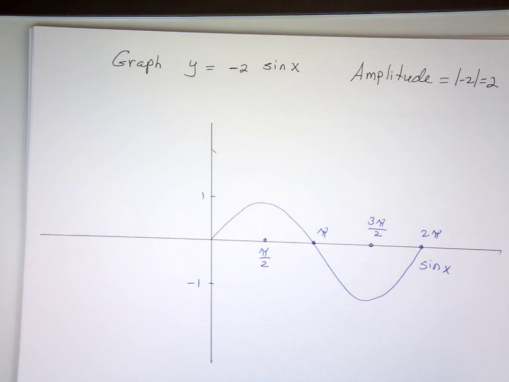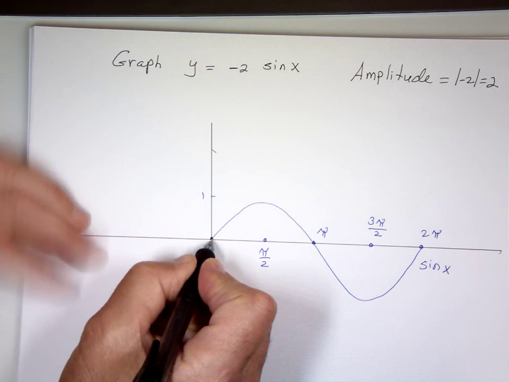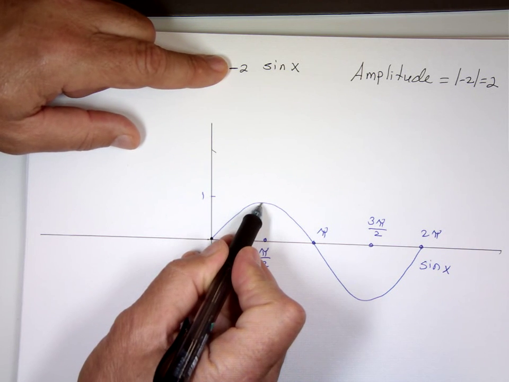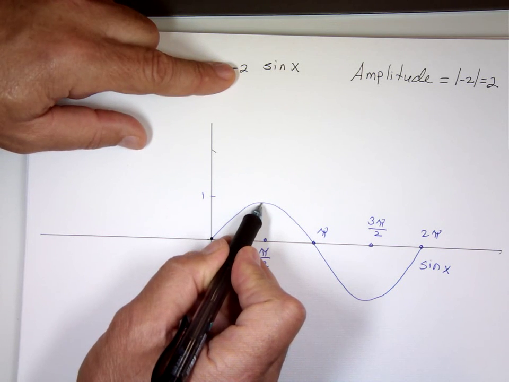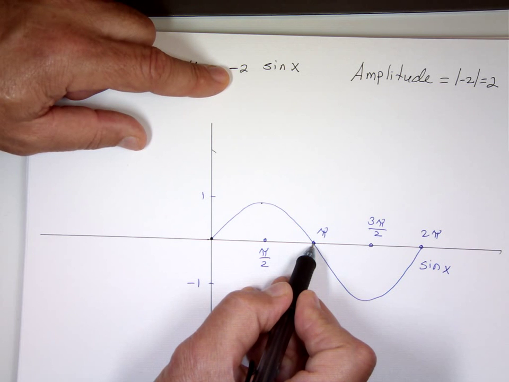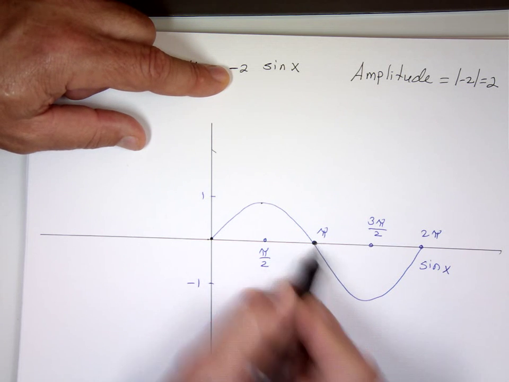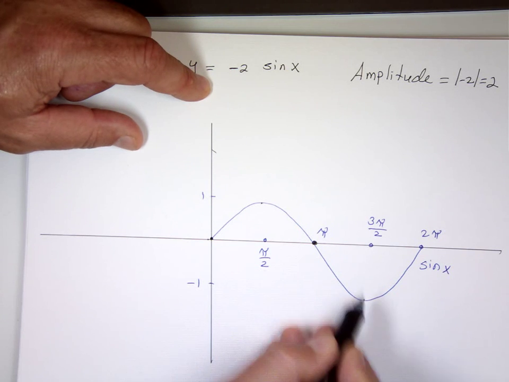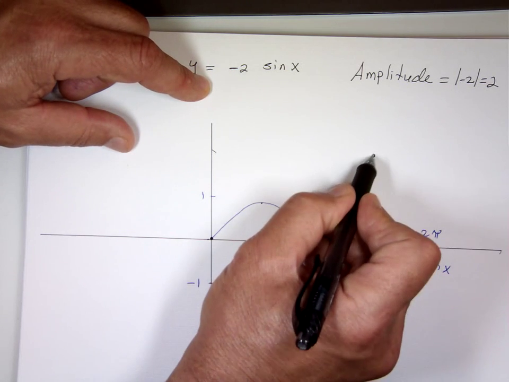When it's 0, what's negative 2 times 0? 0. When it's 1 here, what's negative 2 times 1? Negative 2, that's down here. When it's 0 here, what's negative 2 times 0? 0. Here is negative 1. What's negative 2 times negative 1? Plus 2. So the minus sign flips the graph.